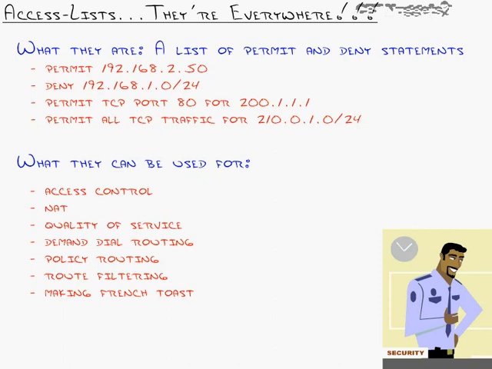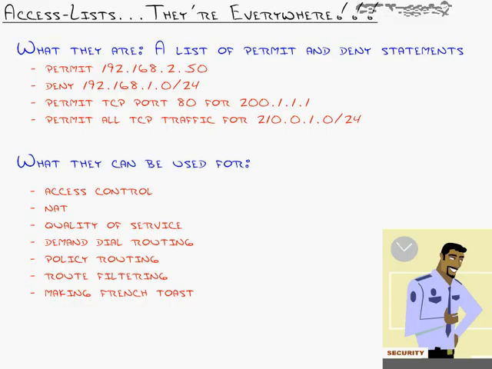Deny 192.168.1.0/24, that whole subnet. Permit just port 80 for 200.1.1.1. Now, this list of permit or denies really is almost better translated. See, look at this. I'm changing all the words. Allow or stop. Okay, I'm just making this up as I go, right?